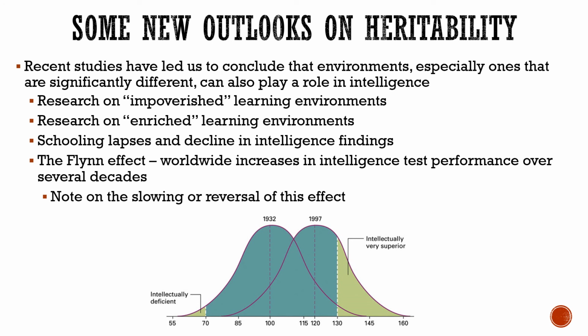And in fact, an average child from 1997 who took a test from 1932 would probably be considered extremely intelligent just because of the generation they were a part of. And this trend of needing to up the rigor of test questions actually persisted for nearly 6 decades.